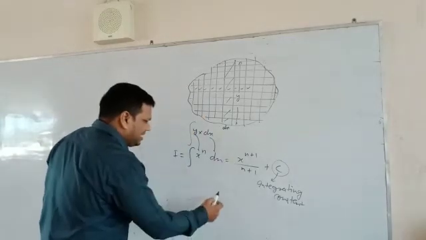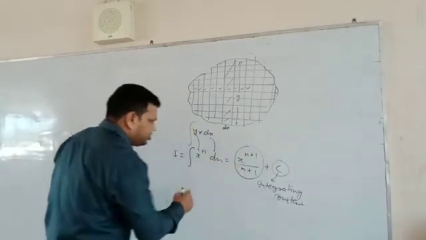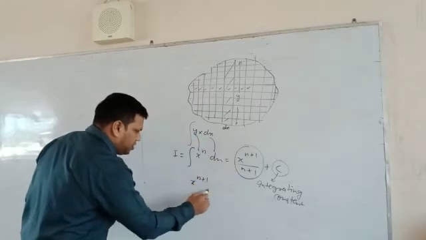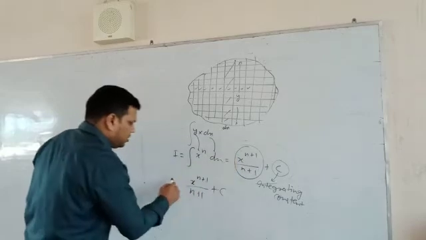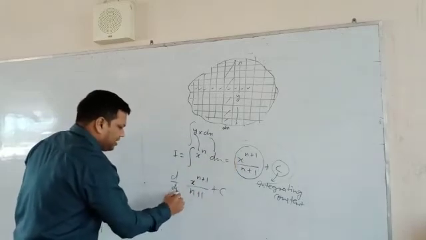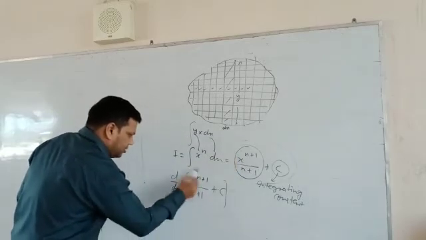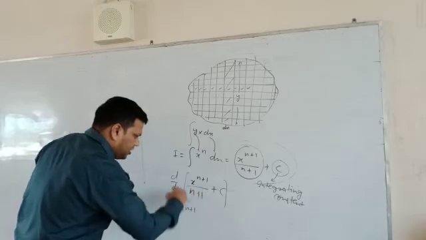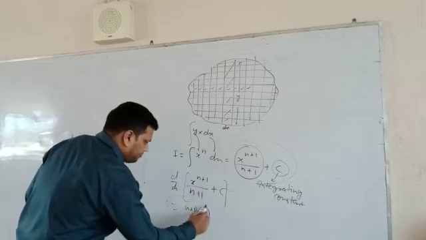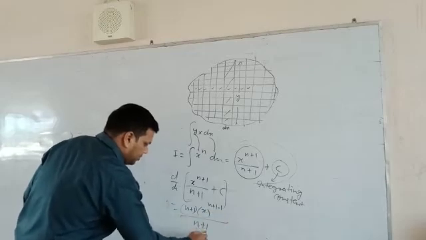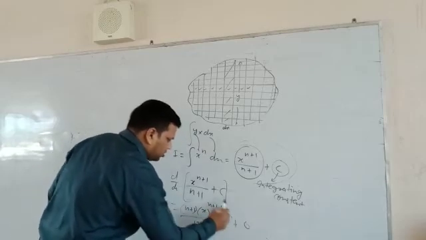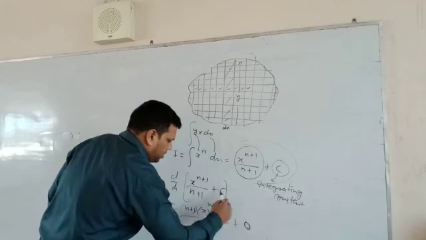Now you can see that if we differentiate this whole function, you know that n plus 1 will be there, and x to the power n plus 1 minus 1, and here n plus 1 is there already, and the derivative of the constant term is 0.